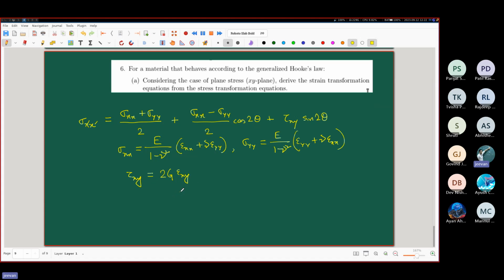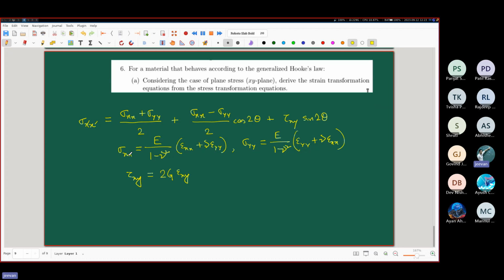There is nothing special going on with this shear stress, shear strain relation; what it is in the generalized Hooke's law, it remains so in the plane stress case also. So if you substitute these things here, you solve for it.